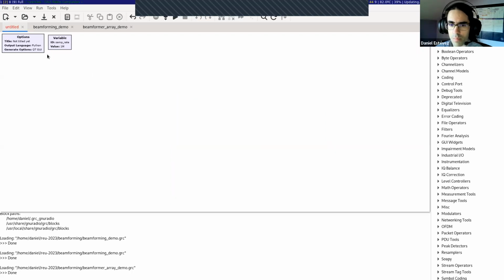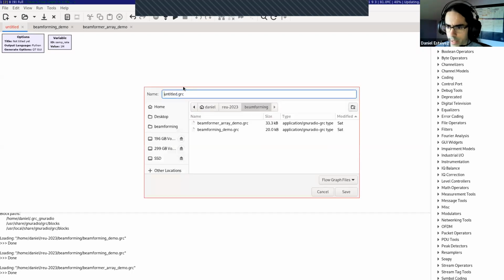That gives me 1 megahertz of bandwidth. And this is a simulation, so we could make this anything we wanted. 1 megahertz is okay for low CPU usage, but you could do whatever. And then let me save this as beamforming demo 2.